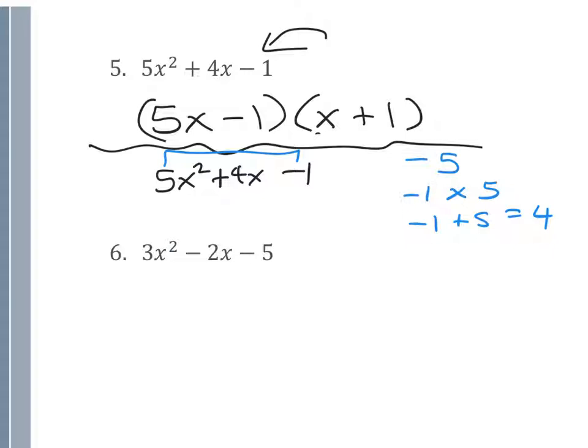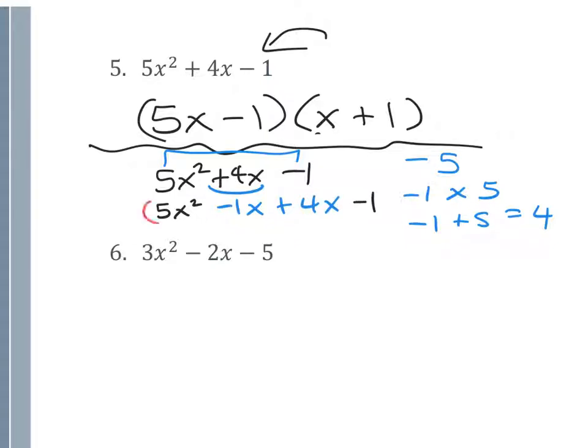So again, rewrite the first term. Replace the middle. And again, it doesn't matter if I put -1 first or positive 5. So let's say I put -1 first. And then the positive 4. And then the last term.